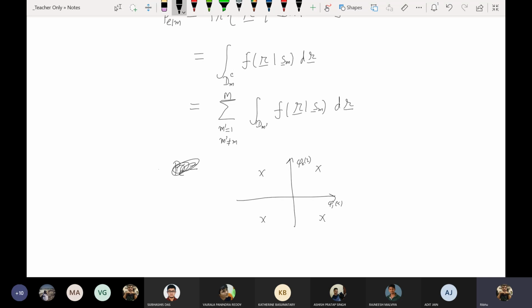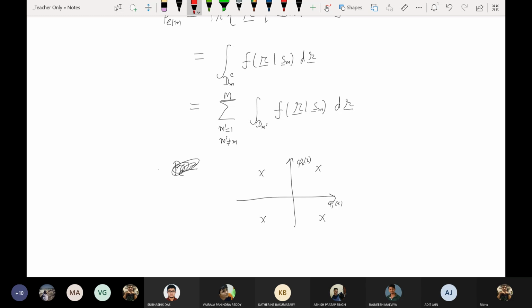According to what we have done till now, the 4 quadrants act as decision regions.